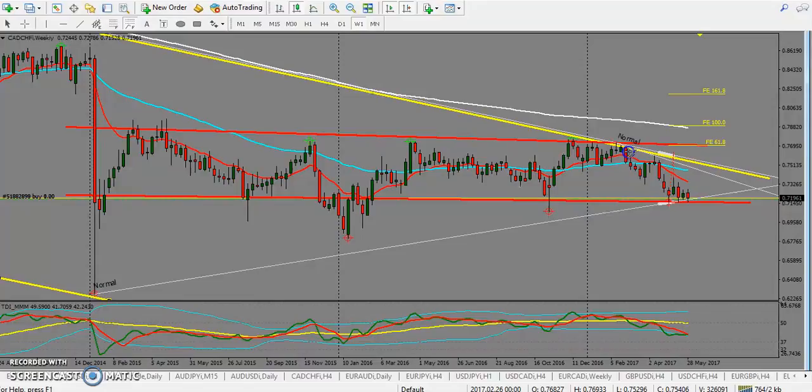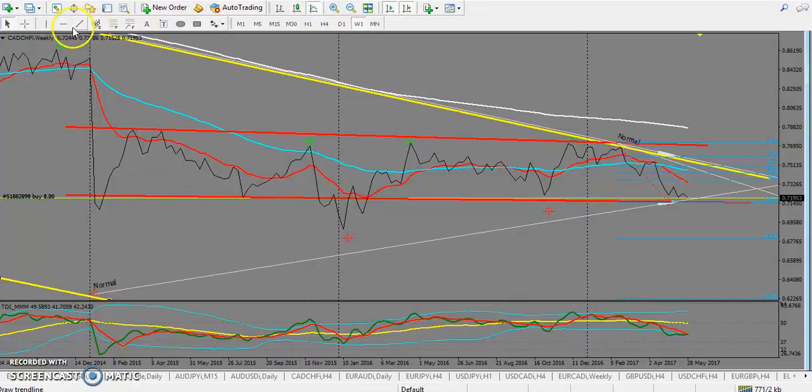Oops, I clicked on the wrong one. Not the extension. What's going on here? To get an idea where it may bounce, and at the same time, I want to get some support and resistance areas.